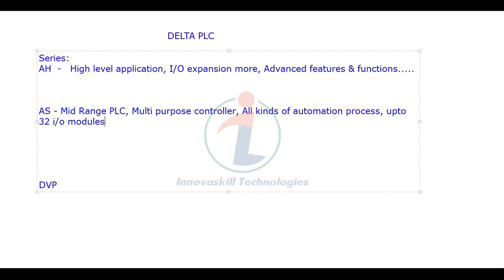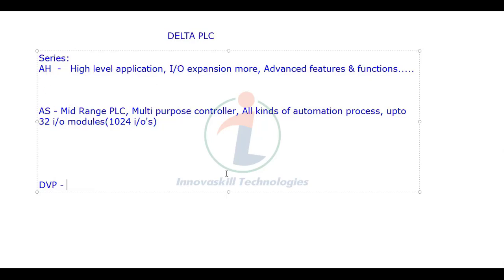With 32 IO modules, we can get up to 1024 IOs. So if inputs and outputs are within this range, less than 1000, you can choose this particular model. So mostly this will be used for mid-range processes. If it is more than 1000, we will directly go for AH series only.